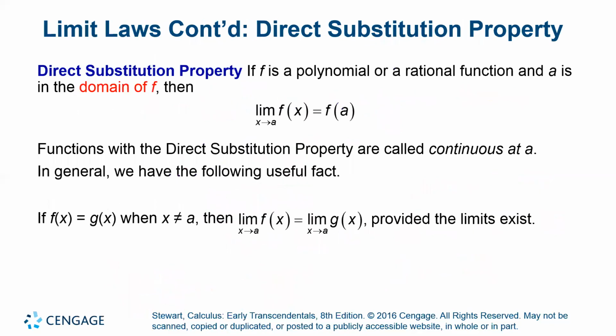Now the next one is direct substitution, which I mentioned before. For a polynomial, a rational function, or any trigonometric function, provided it's continuous and the number that x is approaching is in the domain, then I just directly substitute and evaluate.